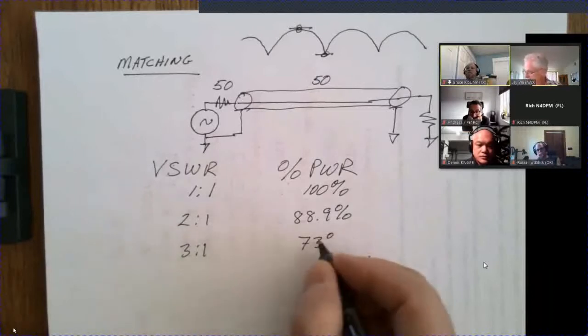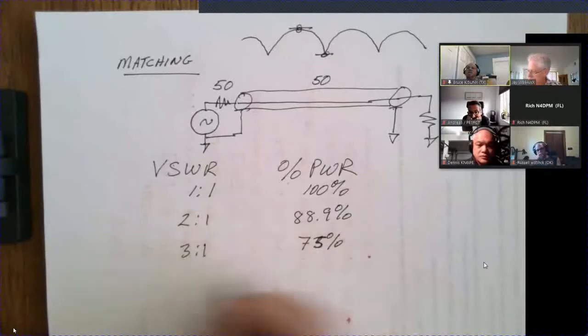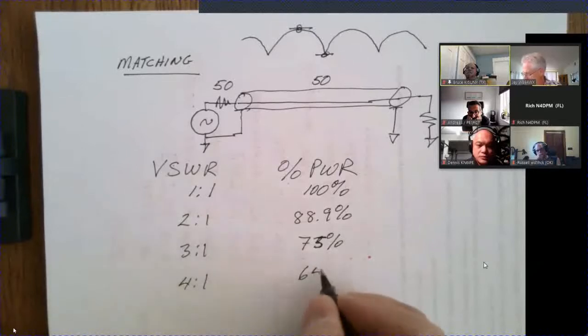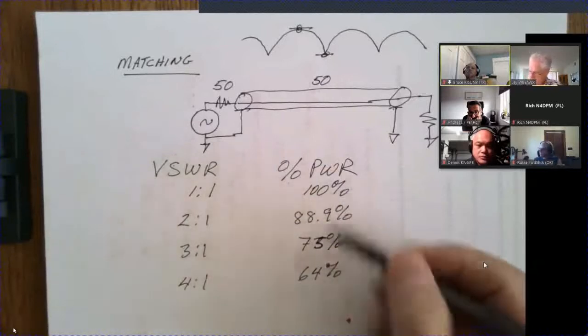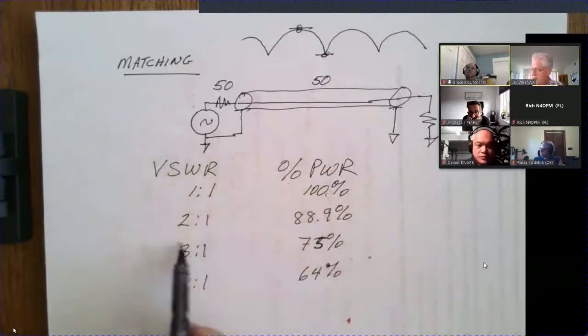You're only getting 3/4 of the power. And finally, at 4-to-1, you're getting less than 2/3. So by looking at this, you can see here that up to about 2-to-1, we're getting most of our power to the load.